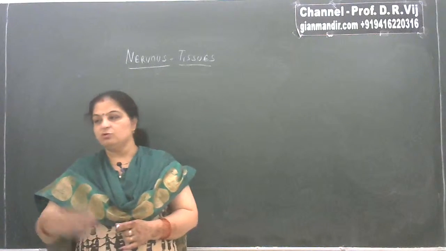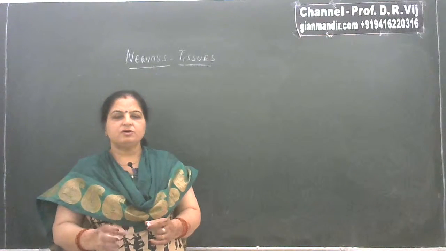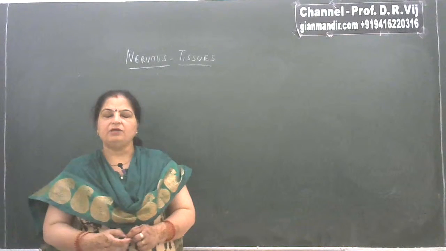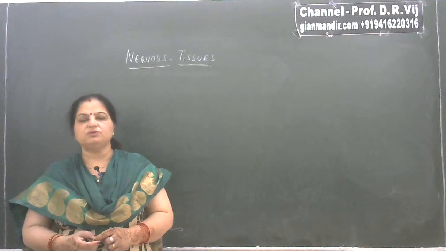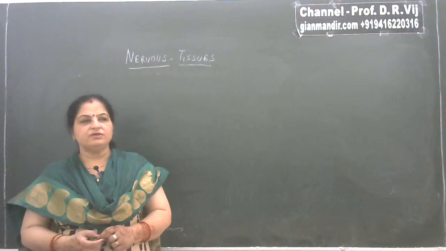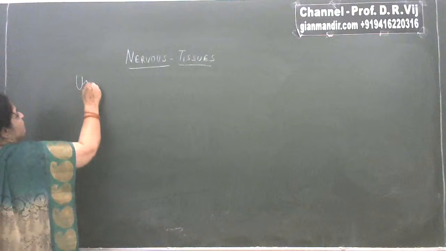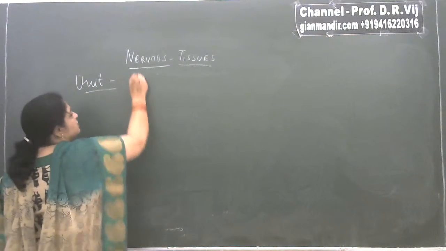Like when you see something outside and you act accordingly, that message transfer should also occur in our body, and for that message transfer we are provided with another type of tissue, known as nervous tissue.